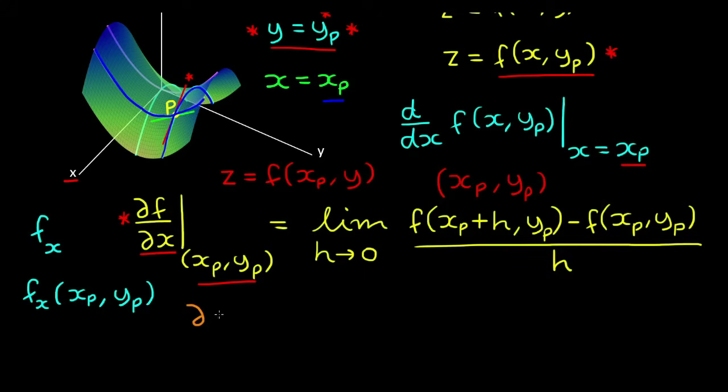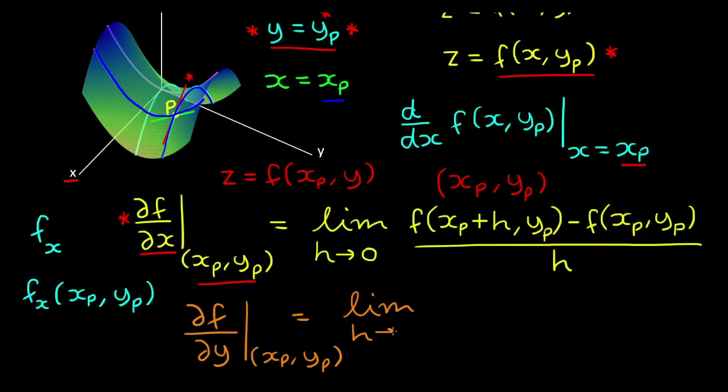So therefore the partial derivative of f with respect to y, evaluated at a point with coordinates xp and yp, is the limit as h approaches 0, and we take the limit of the function with x being constant and y being the variable.